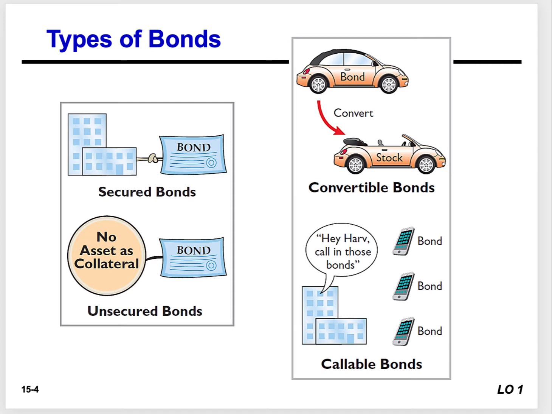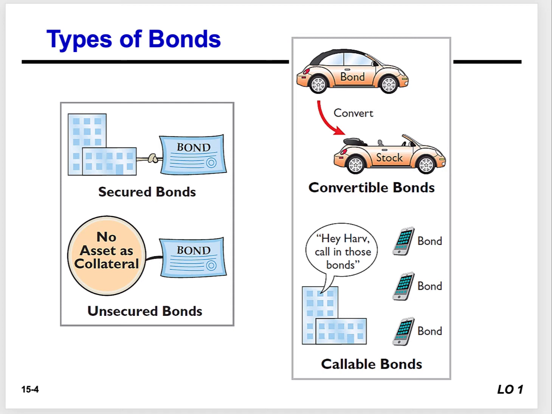They're going to pay me interest, and then eventually down the road they're going to pay me back. Because the bond is secured, if the company is not making money on that and it's not a good investment, the bondholders are secured in the fact that the asset can be sold to generate cash to pay those bondholders back.